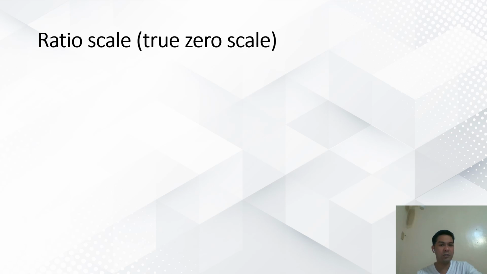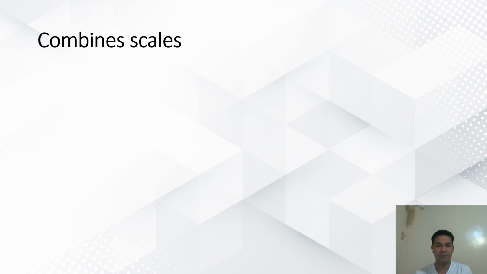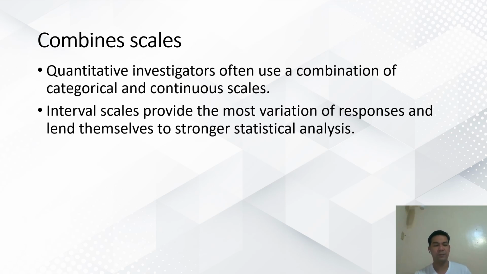So for ratio scale or the true zero scale, it is a response scale in which participants check a response option with a true zero value and equal distance between units. So example are height or income levels. We also have the combined scales. So quantitative investigators often use a combination of categorical and continuous scales.